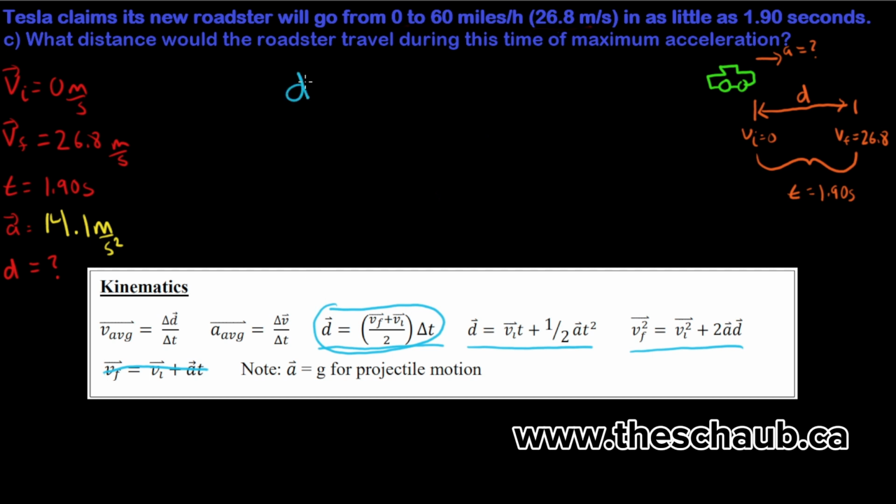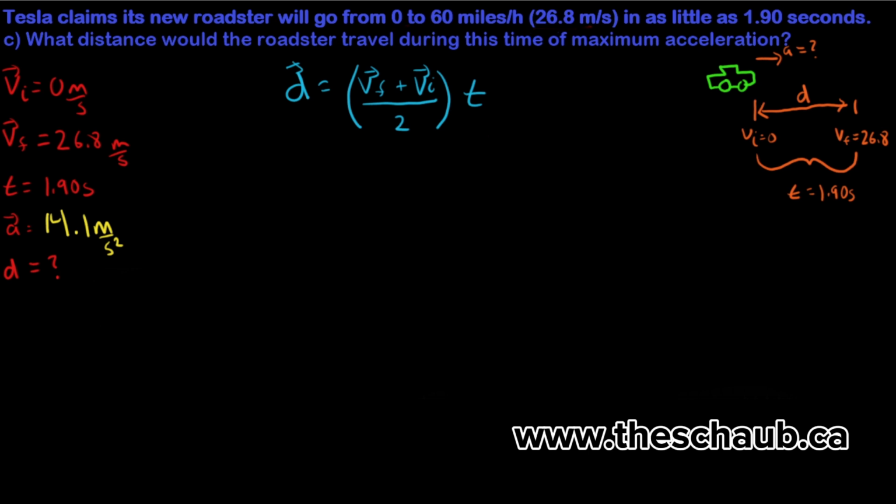So our distance is equal to our velocity final plus our velocity initial over 2 multiplied by time. And we're ready for some numbers, so let's fill them in.